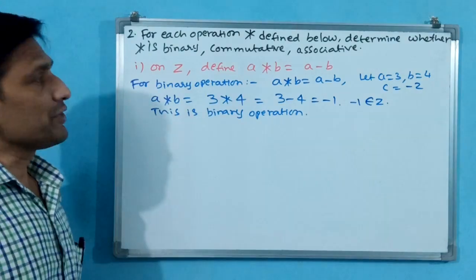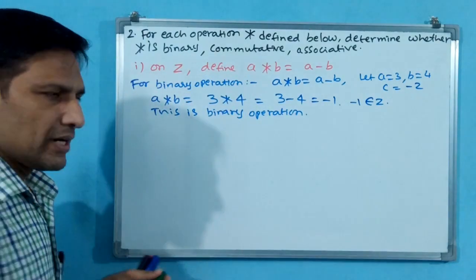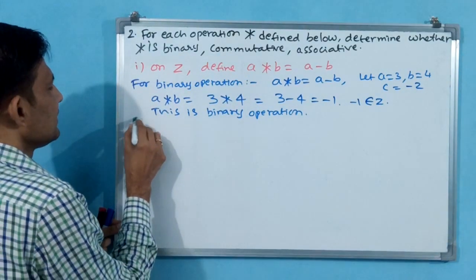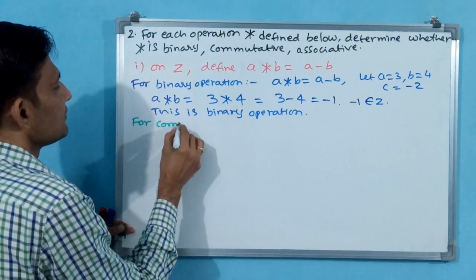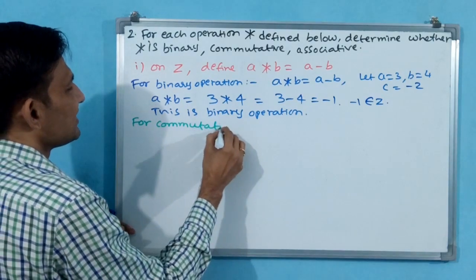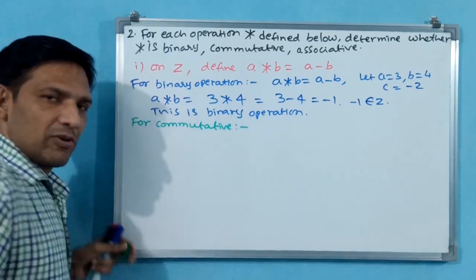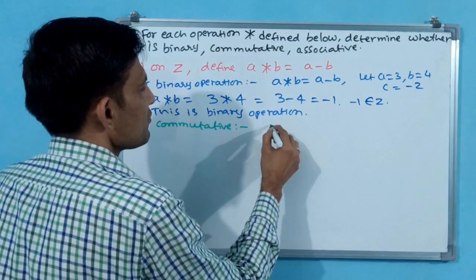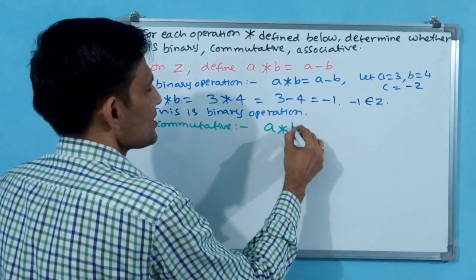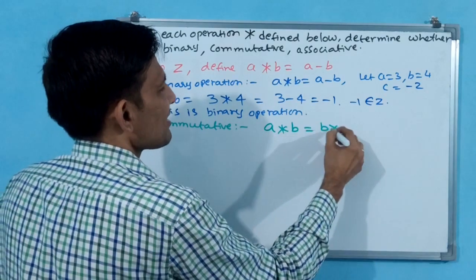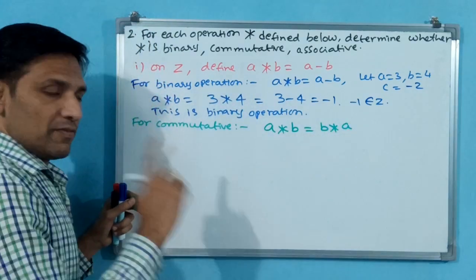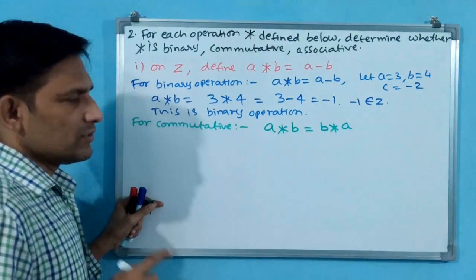Now we go for commutative, because the second one is commutative. Again write for commutative. For commutative, A star B is equal to B star A. If this holds, then this is commutative.